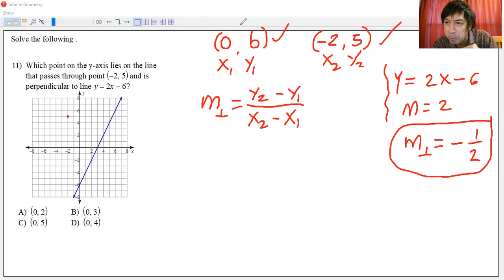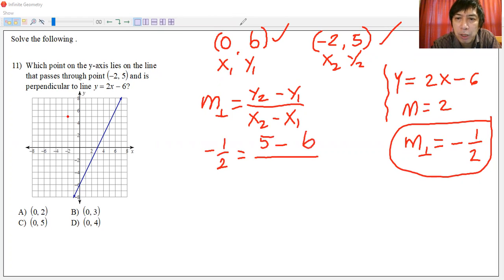And m perpendicular is negative 1/2. y2 minus y1 means 5 minus y1, that's b, okay? And then x2 is negative 2 minus x1, that's a 0, there. All right, so we have an equation with one unknown b. Let us solve the equation.